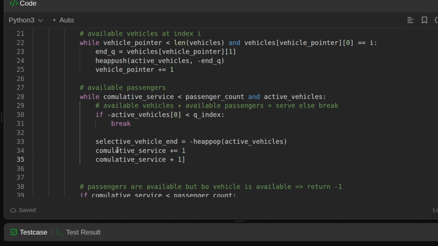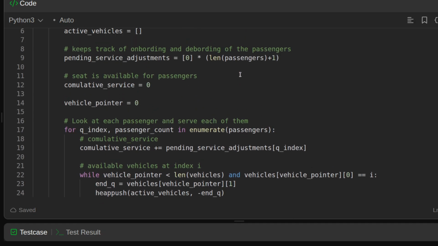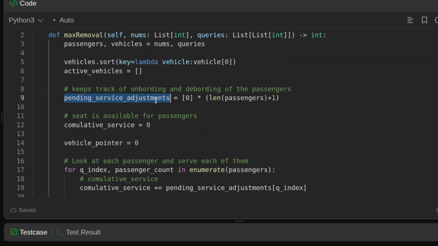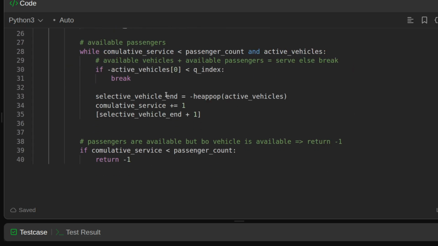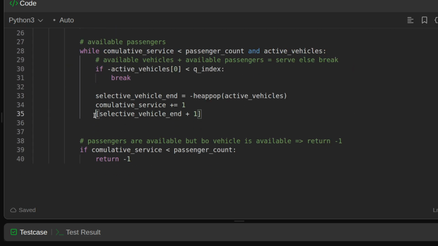So how do we find this selective vehicle end plus 1? We are going to add this to pending service adjustments, right? We are going to add this to pending service adjustment. This minus is equal to 1. This is just maintaining a prefix sum, right?